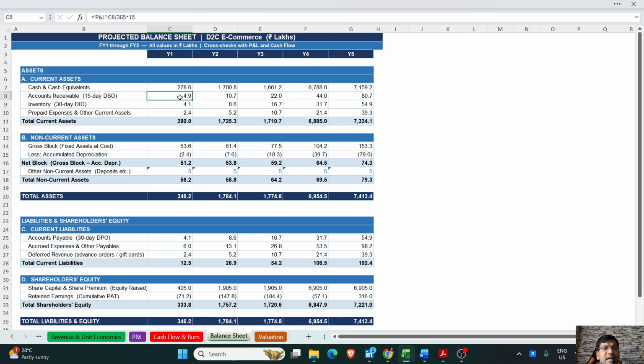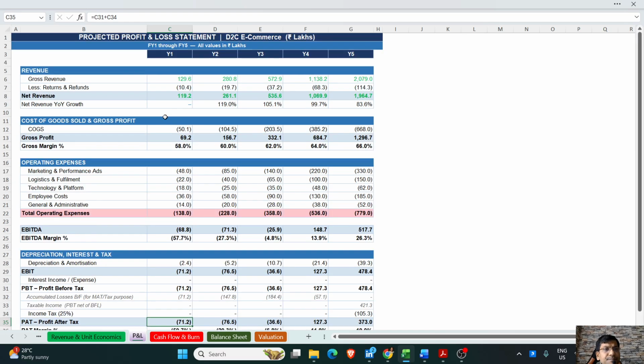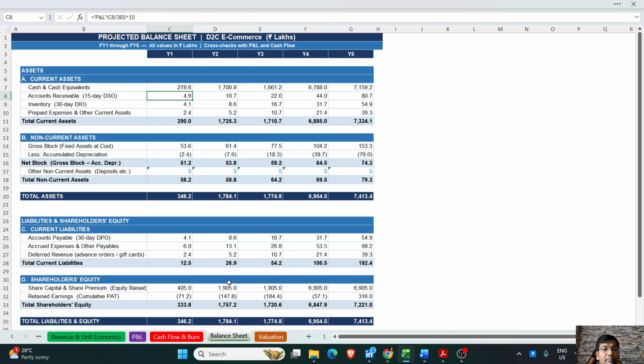So what we do is that we have an assumption that the accounts receivable will be the P&L C8. P&L C8 is the net revenue multiplied by 15 by 365. So I'm assuming that 15 days of my sales will always be as accounts receivable. Similarly, my inventory will be on the basis of cost of goods sold.